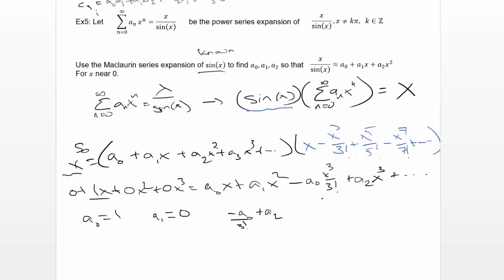Minus a naught over 3 factorial and a2, those have to add up to the coefficient of x cubed on the left-hand side, which is 0. And we know that a naught is 1. So minus 1 over 3 factorial, which is 6, plus a2 is 0. a2 is 1/6.